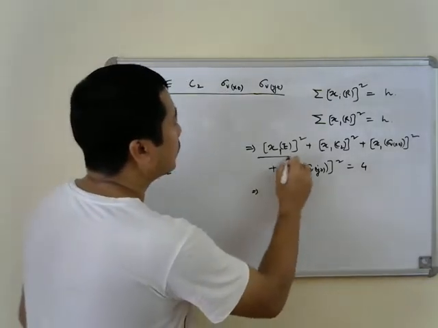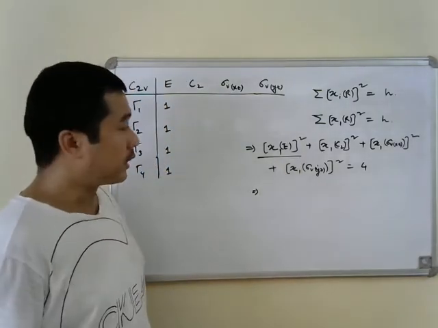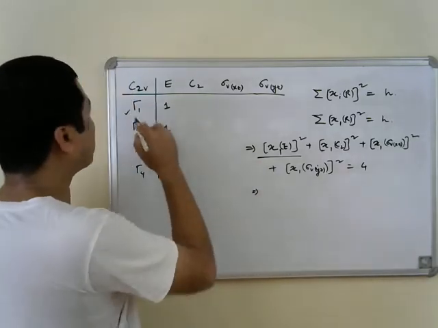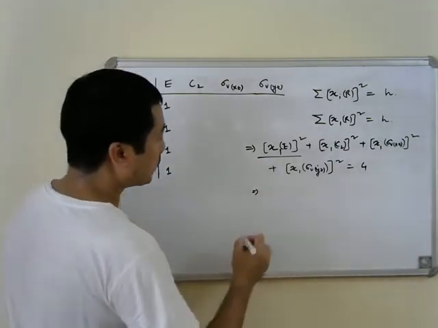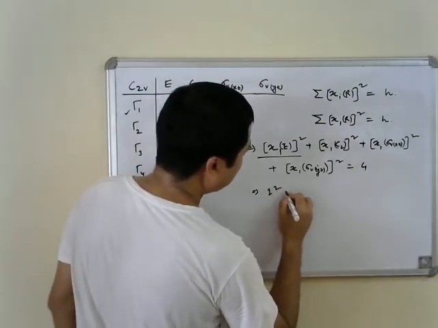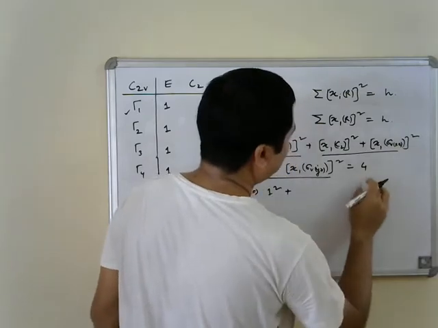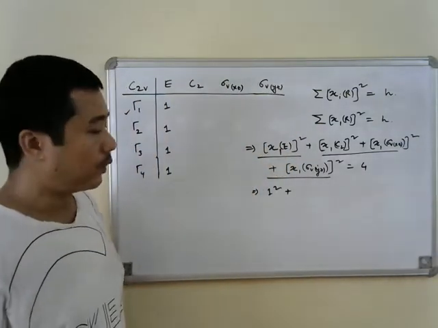Now we know the value of the character of the matrix representation for identity operation in case of the first irreducible representation, that is equal to +1. So we can write +1 square, and then the rest here will follow, and this will be equal to again 4.